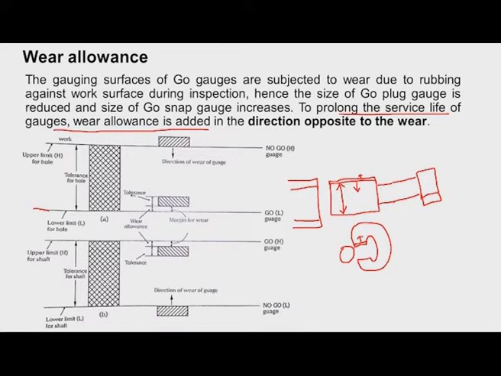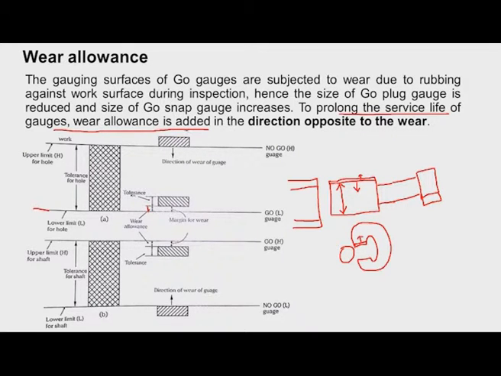Now GO gauge is designed to the lower limit of the hole. Since the wear is occurring on the gauges, we have to allow wear allowance in the opposite direction, that you can see here wear allowance is provided in this direction, and then the gauge tolerance is provided. Similarly, no go gauge is designed to this particular limit, upper limit of hole, and the tolerance is given outside the tolerance for hole.